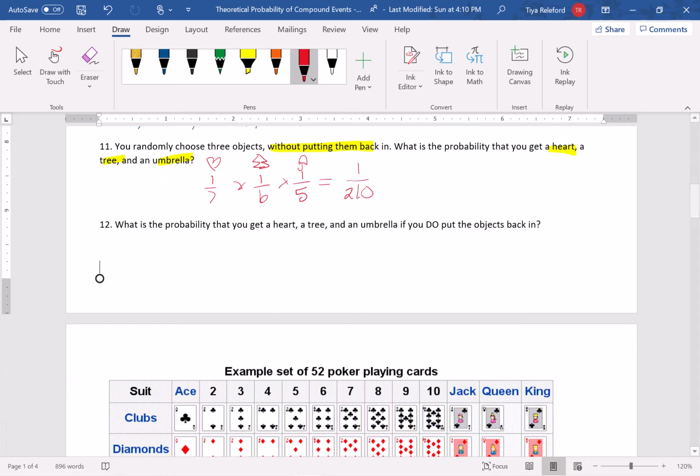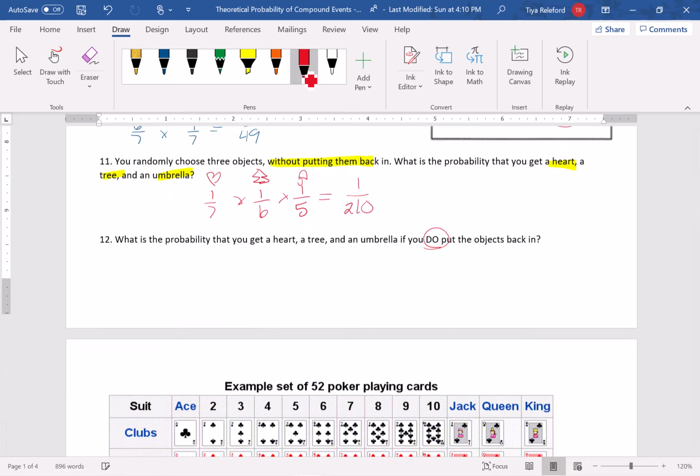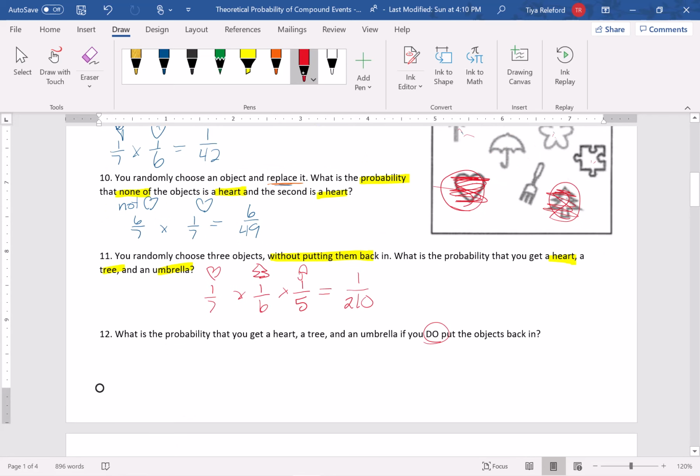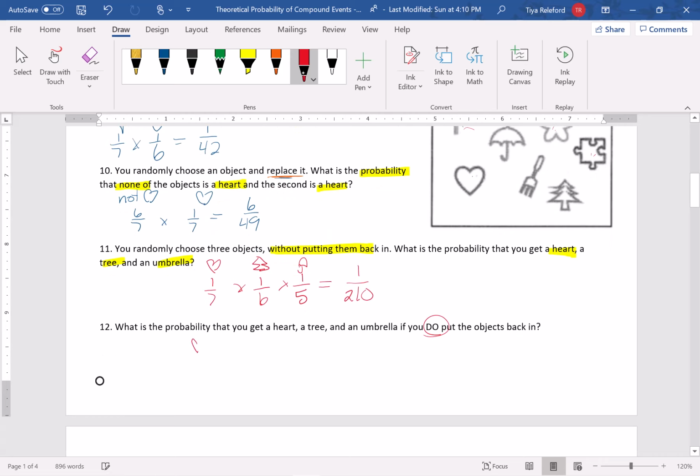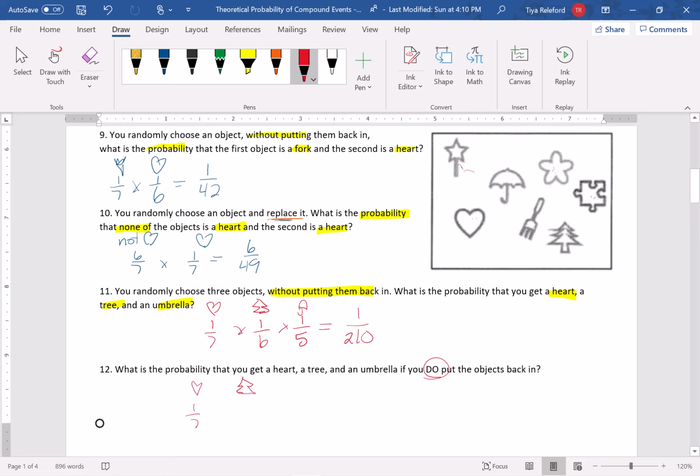Then it says, what is the probability you get a heart, a tree, and an umbrella if you do put the objects back in? So heart is 1 out of 7. Tree, we put the heart back in, right? Now we want a tree. There's 7 total objects. And then we want an umbrella.